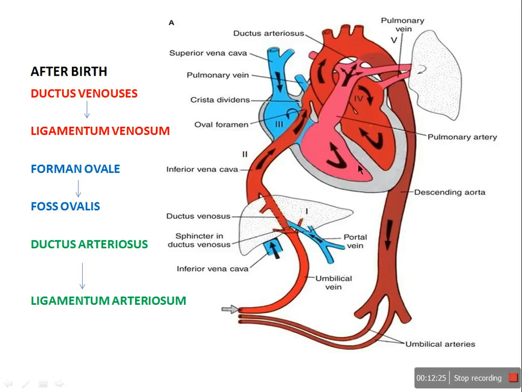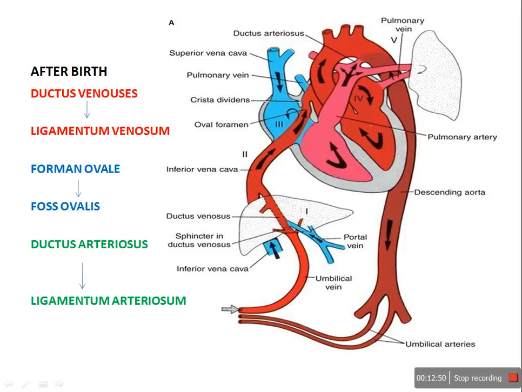So when the pressure inside the right ventricle decreases, the blood from the right atrium can easily come here. Forget all these arrow marks here. I will explain again. When the baby starts to breathe, the pressure inside the lung is decreased.